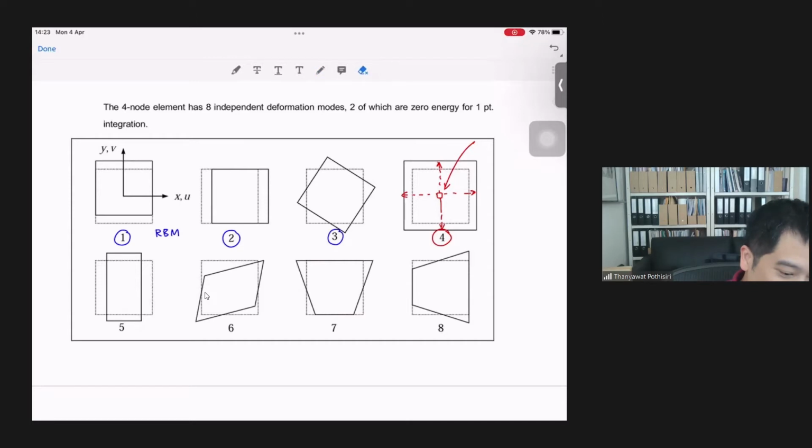Or if you use 2 by 2 points, at this point the strains are also non-zero, right?